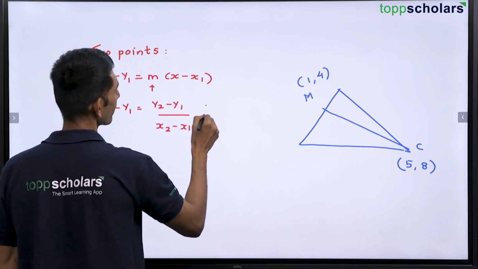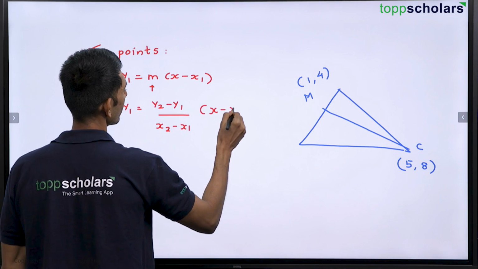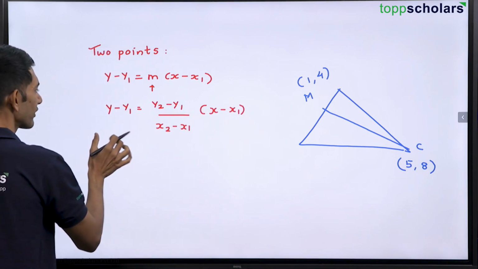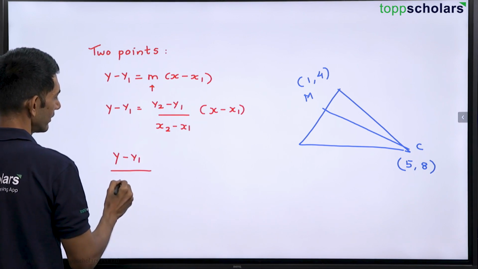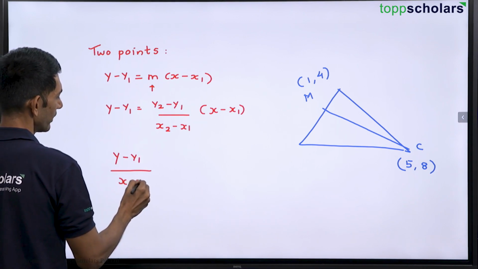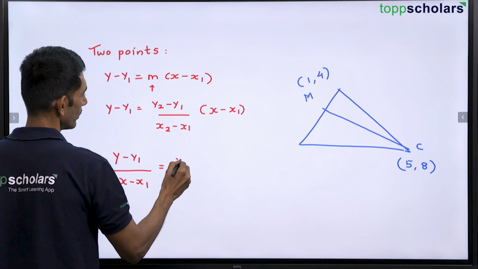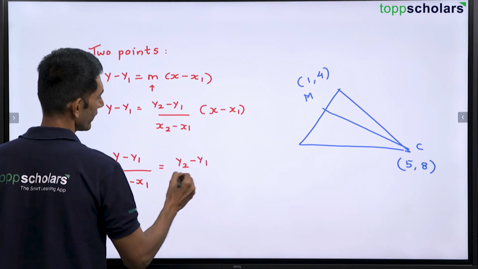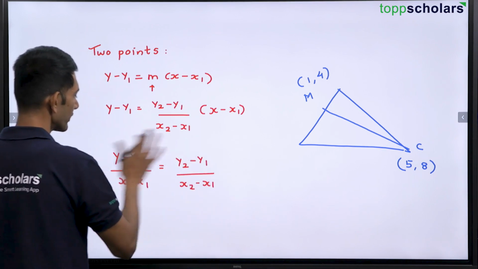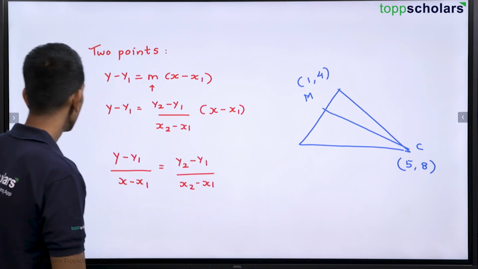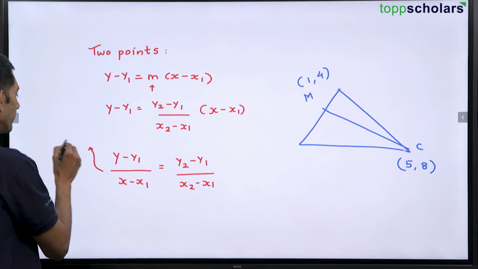And here we have x minus x1. So if I just take x minus x1 down, can I say I can write this as y minus y1 by x minus x1 is equal to y2 minus y1 by x2 minus x1. So this is nothing but 2-point form, right? This form is also called as 2-point form.